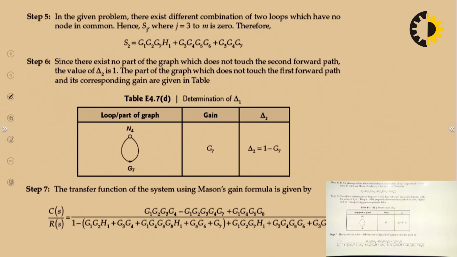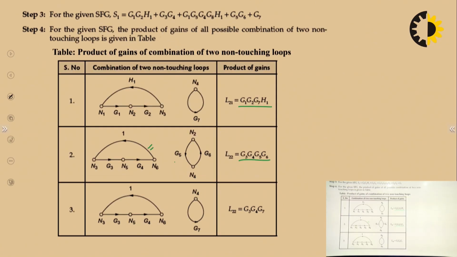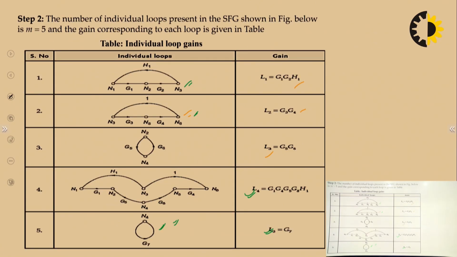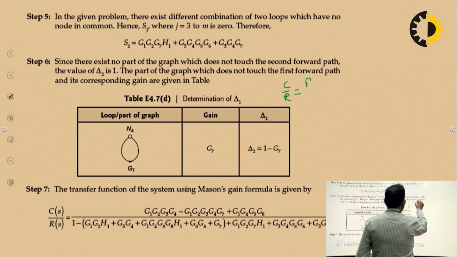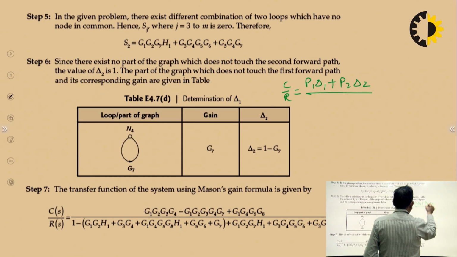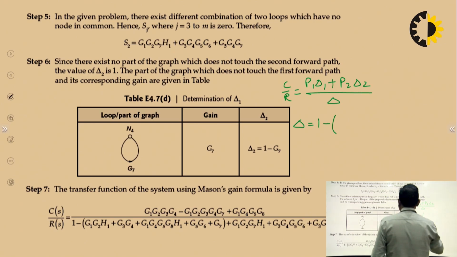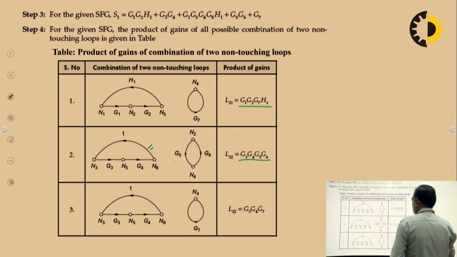So now we will multiply. P1 is G1, G2, H1. What is the overall transmittance? It is P1 delta 1 plus P2 delta 2 upon delta, where delta is 1 minus the sum of all individual loops. How many loops are there?